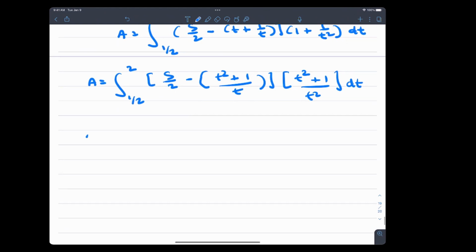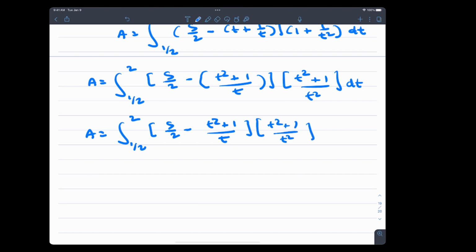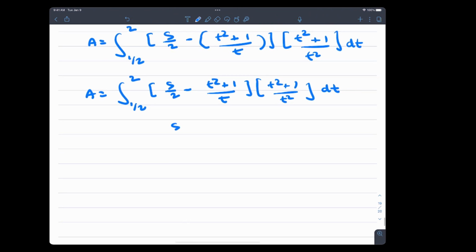And double check here. Okay, let's see what kind of the algebra you get now here. So this portion here, 2t, this would be 5t minus 2t squared plus 1 over 2t.